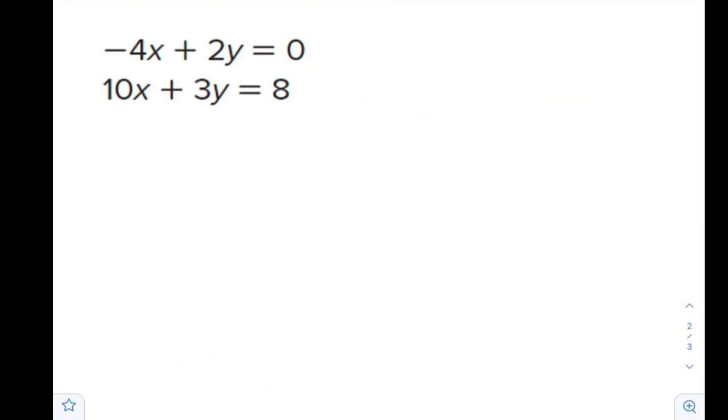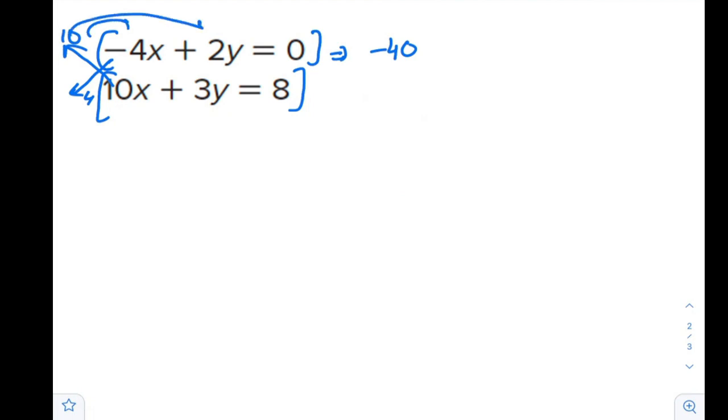You can multiply, if you want to eliminate the x, multiply this equation by 4, multiply this equation by 10. Remember, you are multiplying each and every term. Don't forget any.